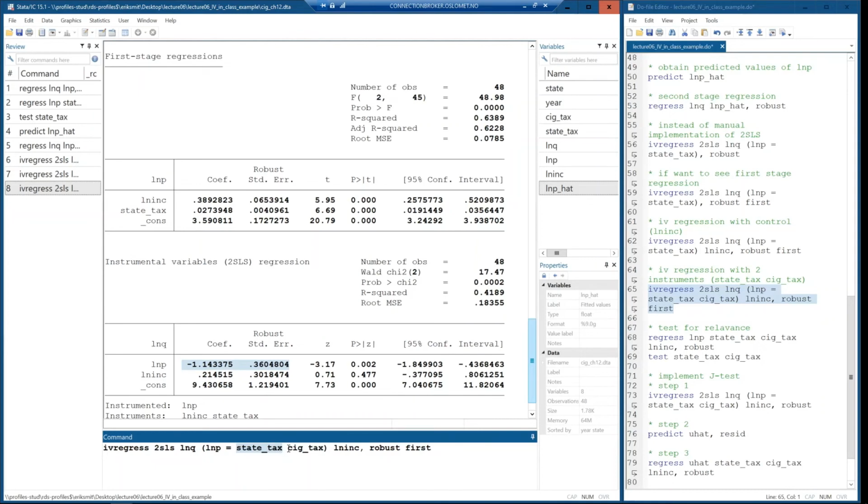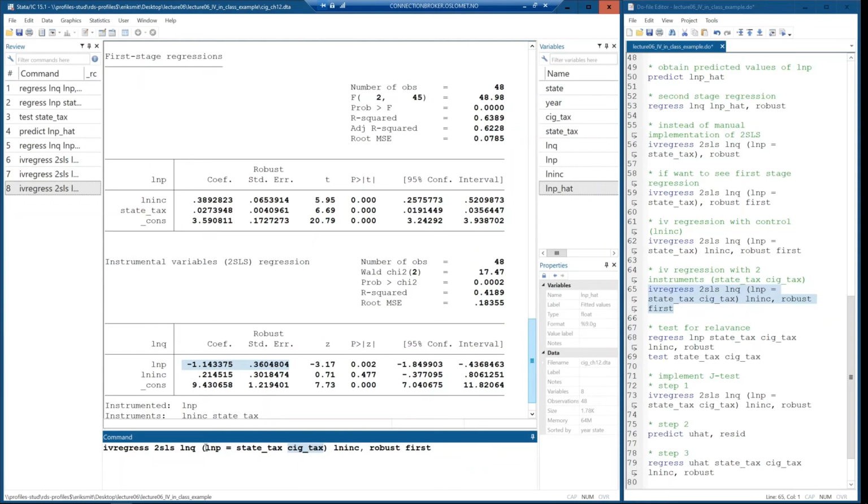So the cigarette tax should probably not be correlated with any of the omitted variables which are in the error term.